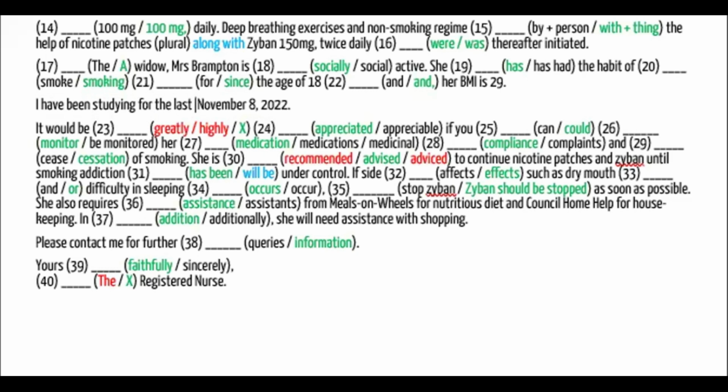November and December, right? December is just beginning, so that means for the last 1 month, because you have completed 1 month of the course now. I've been studying for the last 1 month. The same thing can be rewritten as I have been studying since 8th November. Since is about the starting point, and for is about the duration.